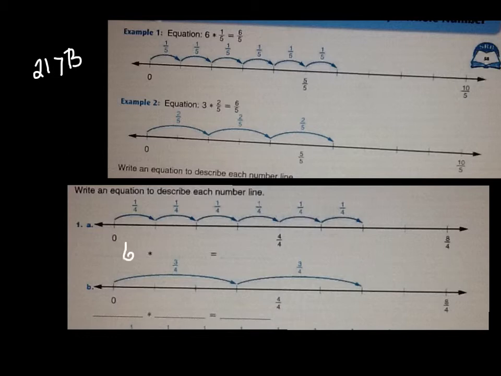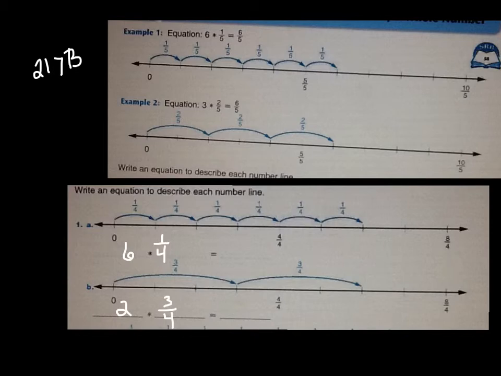So my whole number is 6 times my fraction 1/4. And on the bottom, I notice that my jumps are 3/4 long, and I'm only taking 2 jumps. So my whole number is 2 times my fraction 3/4.